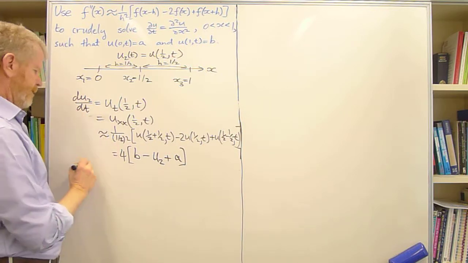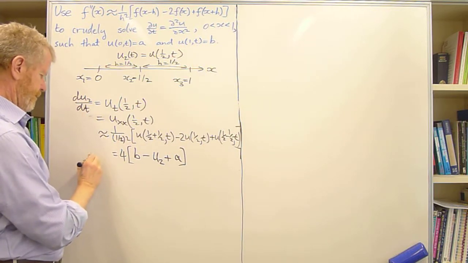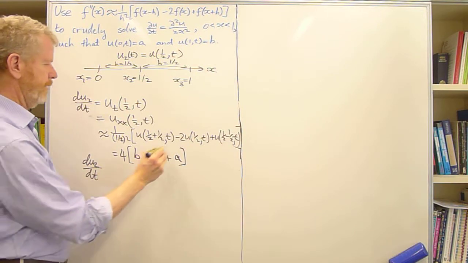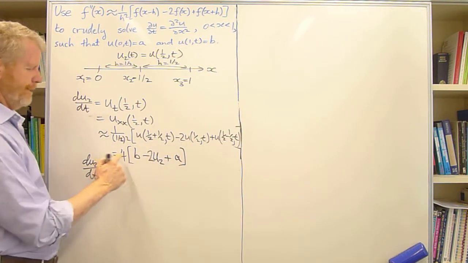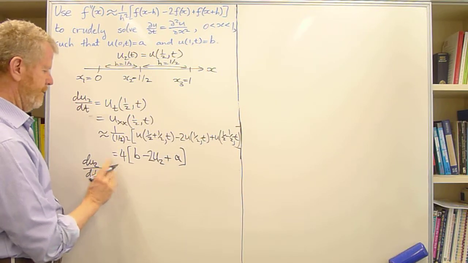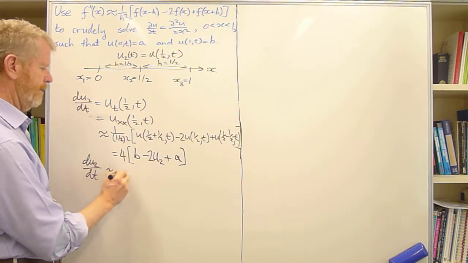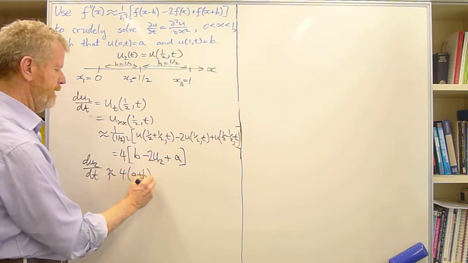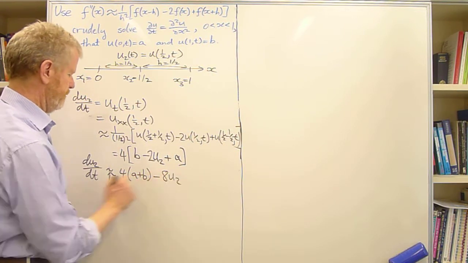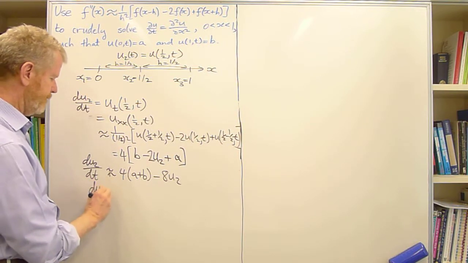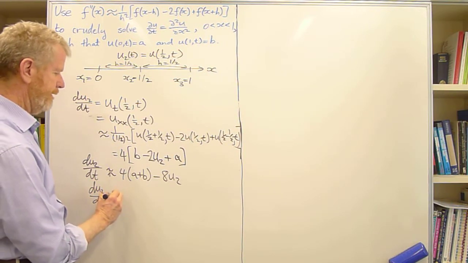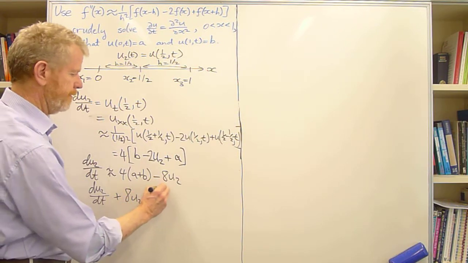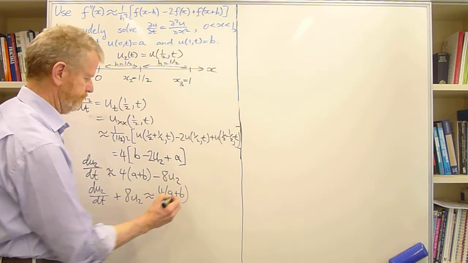So what we've got now is that du2 dt is approximately 4 into a plus b minus 8u2, i.e. du2 dt plus 8u2 is approximately 4 into a plus b.